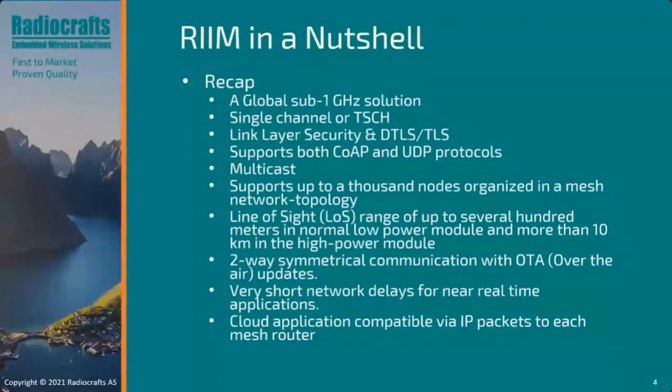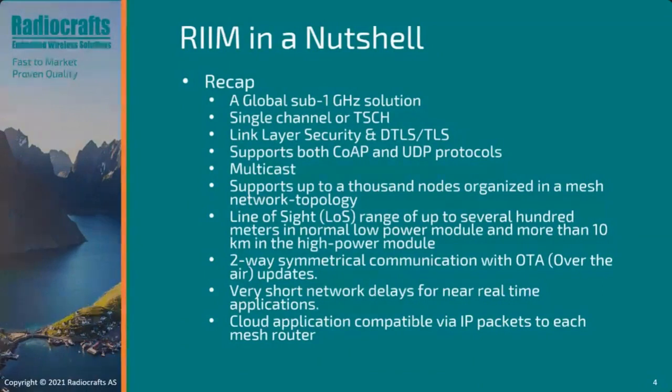RIIM supports two modes of operation, single channel and TSCH, each with its own advantages and optimum use cases. RIIM also supports multiple layers of security, such as DTLS. On the application layer, RIIM supports both CoAP and UDP.